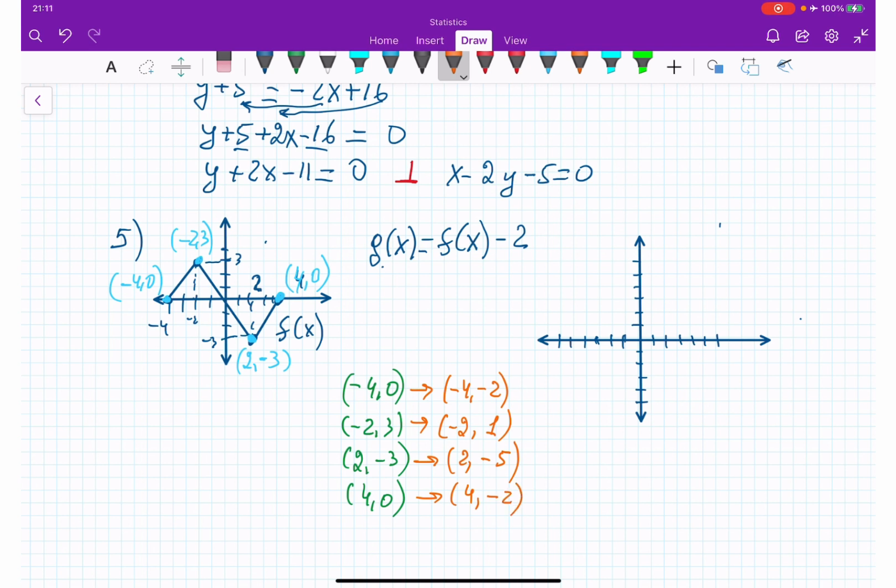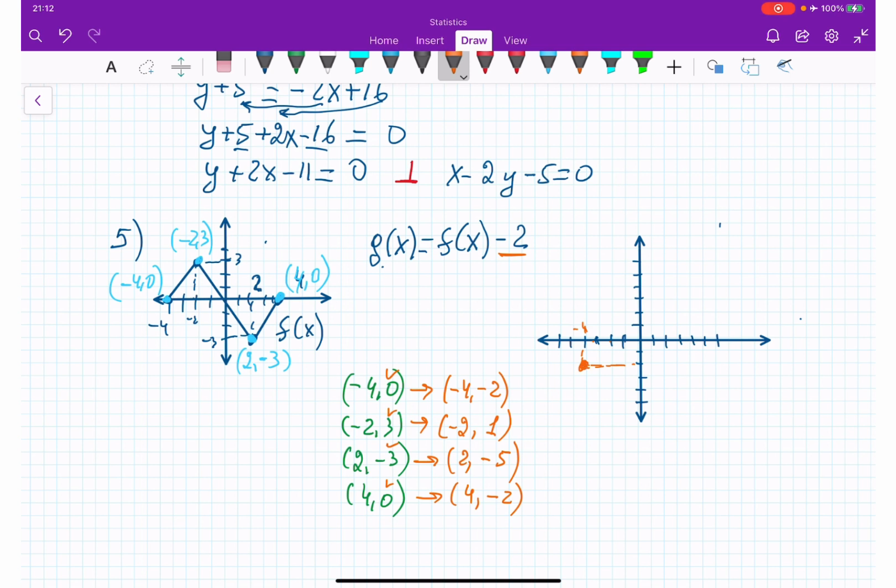Because our change of y is negative 2, from every single value of y, I did minus 2. And this is the result of the new function, transferred by negative 2. So let's go. Negative 4, negative 2. x is negative 4, and negative 2.